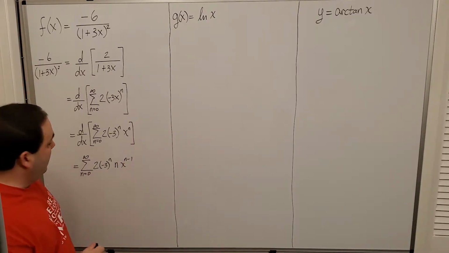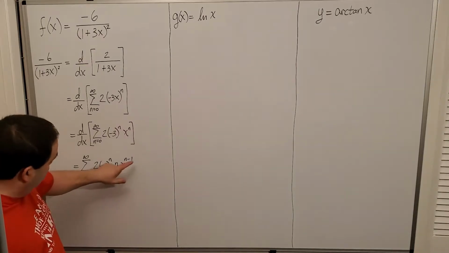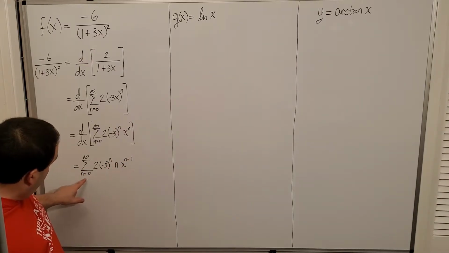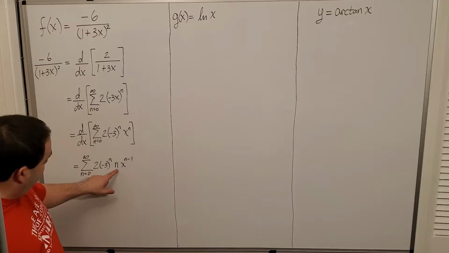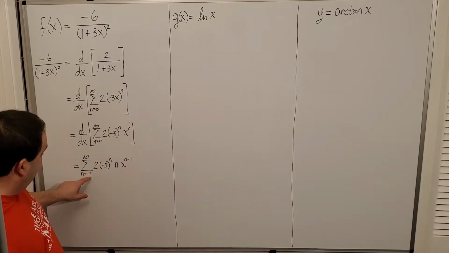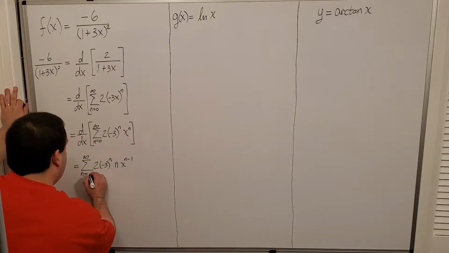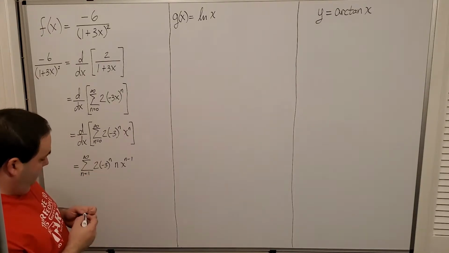Now remember what we said about derivative of these things before. Sometimes we lose a term, especially when I multiply by n. Notice if n equals 0, 0 times everything in the first term wipes everything out. So actually I'm going to lose that term, and I'm just going to start at n equals 1 now.